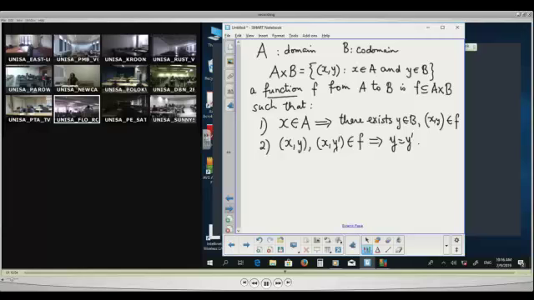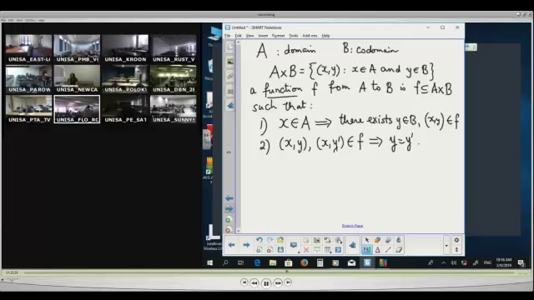But the condition forces that they should be the same, so that's the implication. So if that happens, then it must be that y equals y prime. Clear? So that's how we read it.